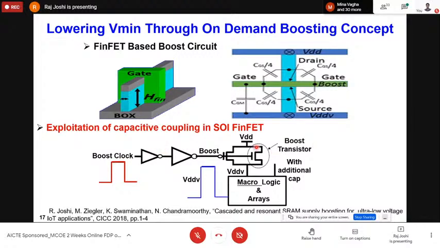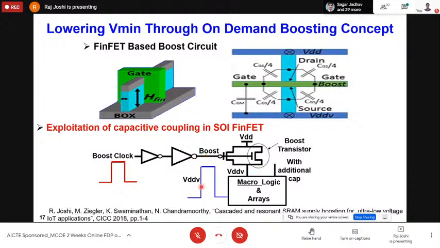What I am showing here is what we have published in the literature: if you have a boost clock and you use these transistors in FinFET, then when this transistor is initially turned on, you get VDD, the supply voltage. But when it is turned off, the gate to this transistor is high, and this is also VDD. So this transistor acts as a capacitor.